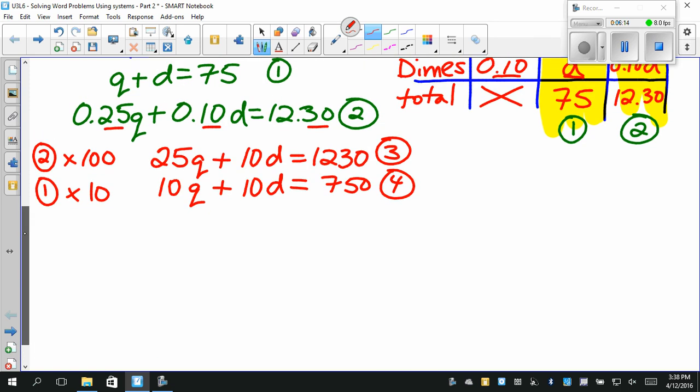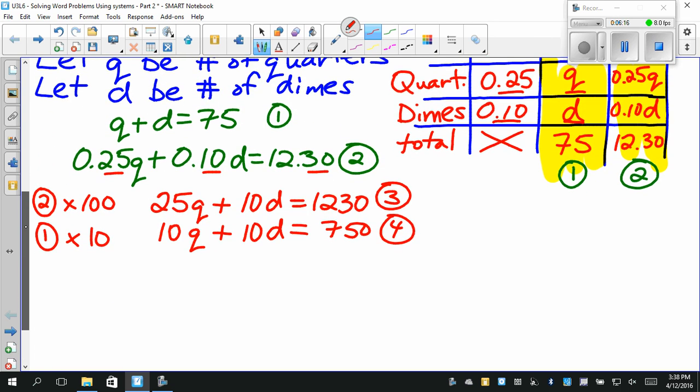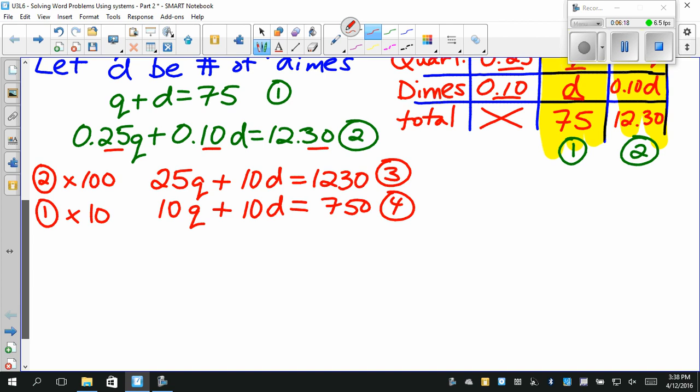As soon as you've matched up the numbers, draw a line underneath there, and now you have to figure out whether you're going to add or subtract the equations to get rid of the variable. In this case, we have a 10 and a 10, so I'm going to take equation 3 minus equation 4.